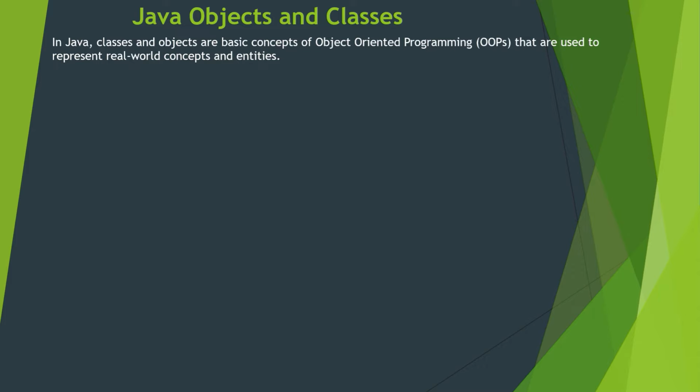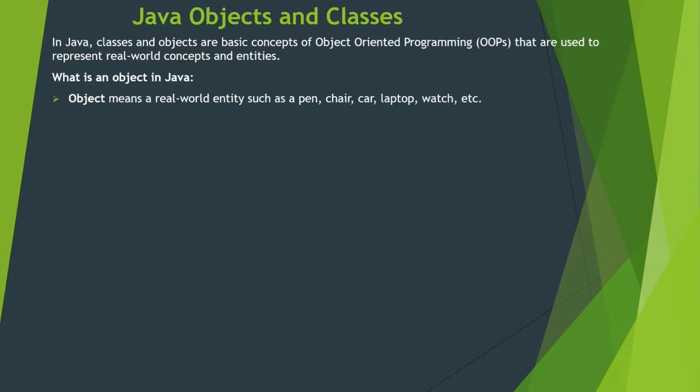In Java, classes and objects are basic concepts of object-oriented programming that are used to represent real-world concepts and entities. What is an object and a class? Object means a real-world entity such as pen, chair, car, laptop, watch, etc. So anything that exists as a real-world entity is known as an object. An entity that has a state and behavior is known as an object.